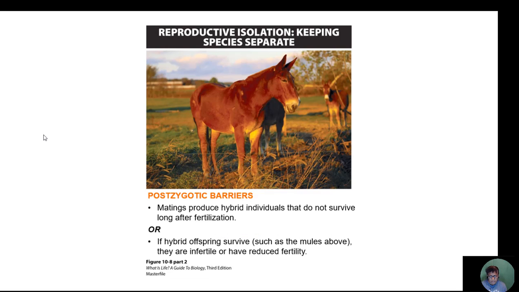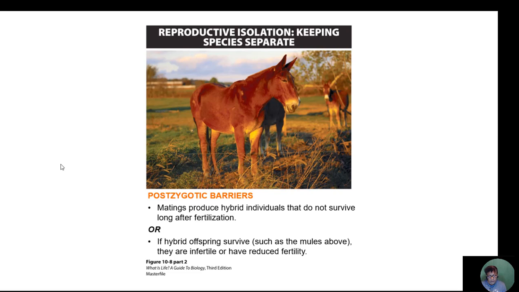All right. But there's also what's called post-zygotic barriers. And so what that means is that you can have the matings that produce these hybrid individuals. However, they either don't survive very long after fertilization, they die shortly after fertilization, which means you got to the zygote and then it died.